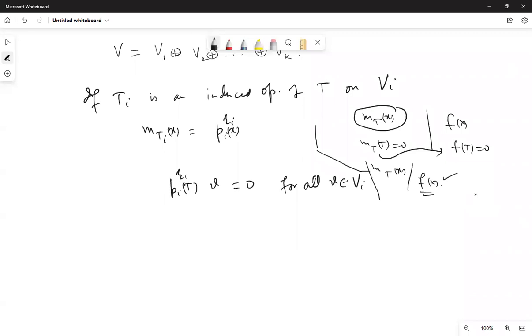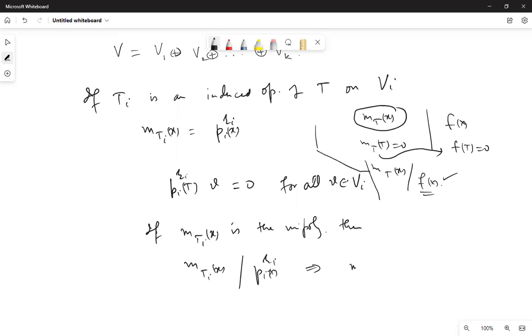So this would be 0. Thus, if m_Ti(x) is the minimal polynomial, then m_Ti(x) must divide Pi(x) raised to the power ri.